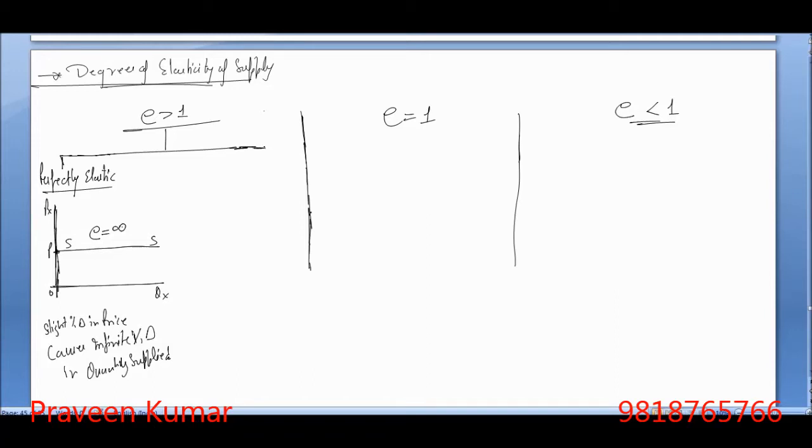Now another one is more than unit elastic, or greater than unit elastic. More than unit elastic supply curve is something like this.